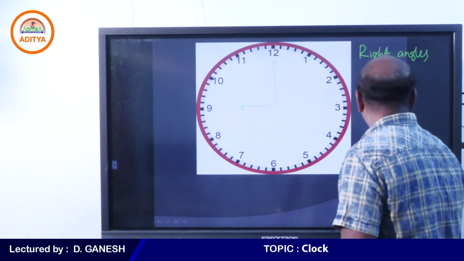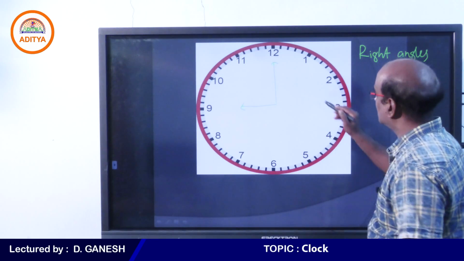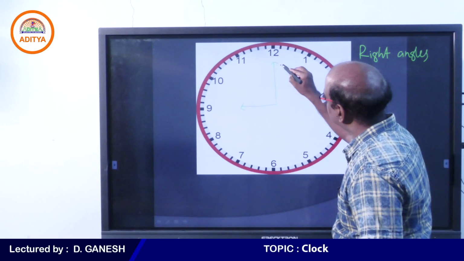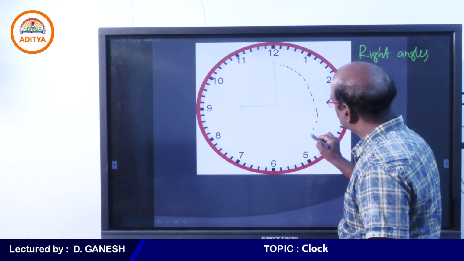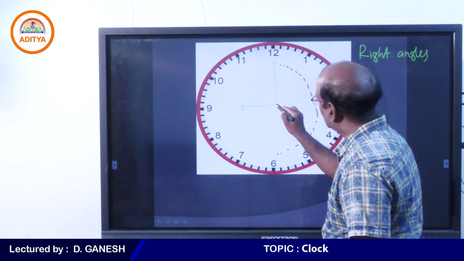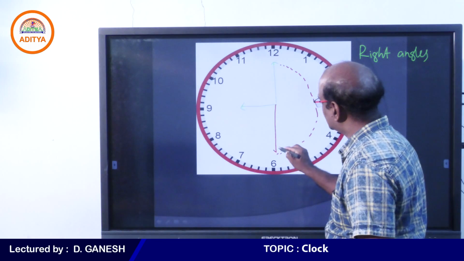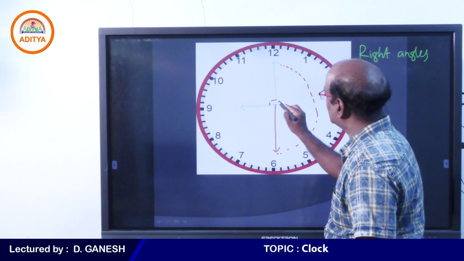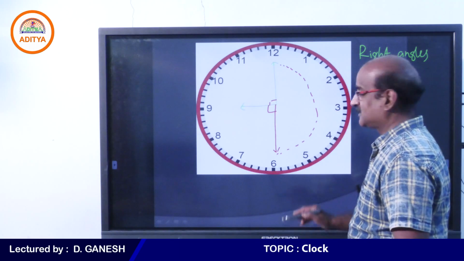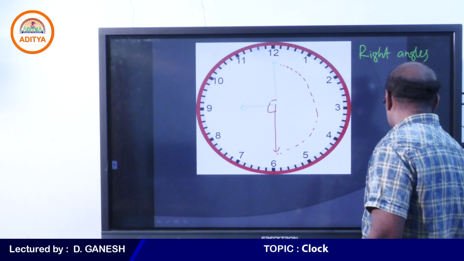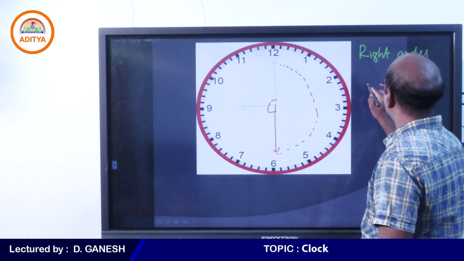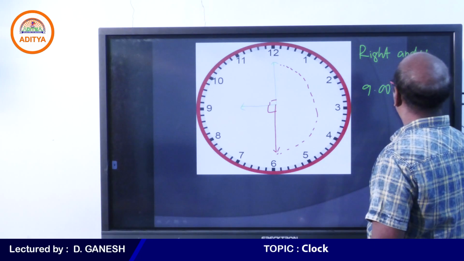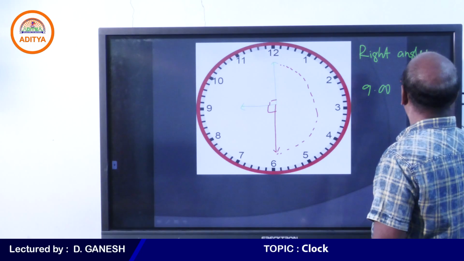Because from 9 o'clock, students, please look at that. When the minute hand comes onto this, again we can see 90 degrees. So this 90 and this 90. So we can see right angles at 9 o'clock and of course at 9:30.